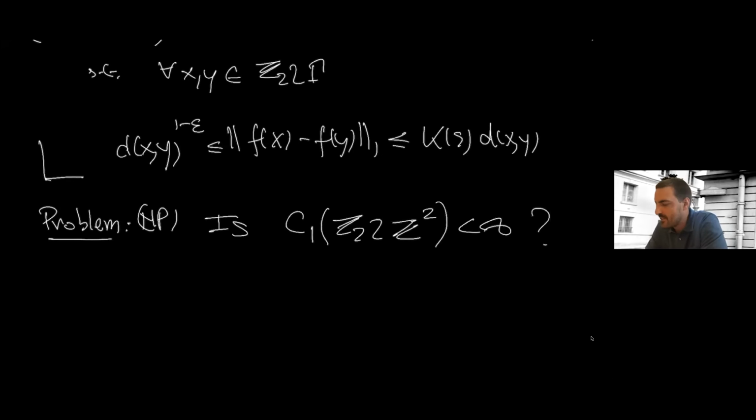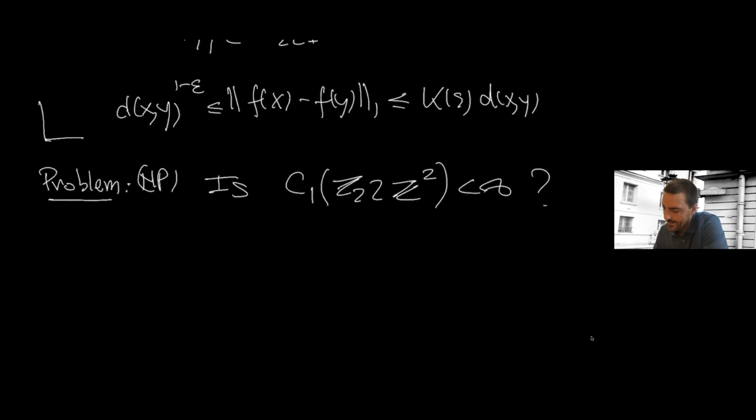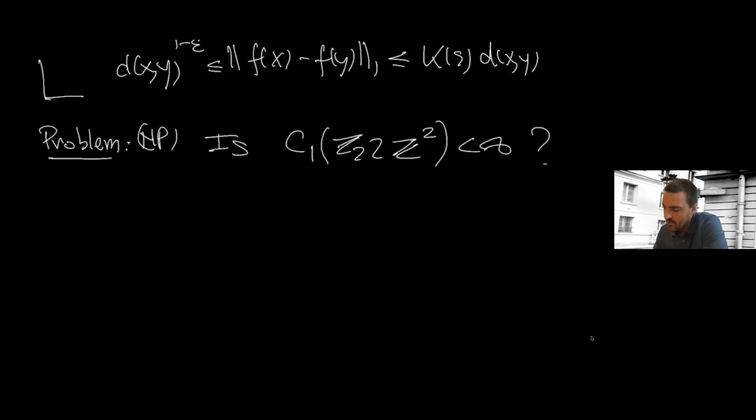This shows how much remains to be understood about Lamplighter groups, and maybe how difficult it is to come up with embeddings into Banach spaces. Z square is just, I mean, the Cayley graph of this is just a two-dimensional integer grid.